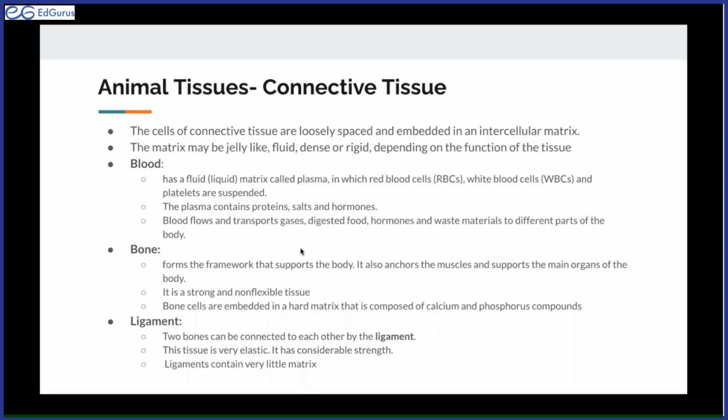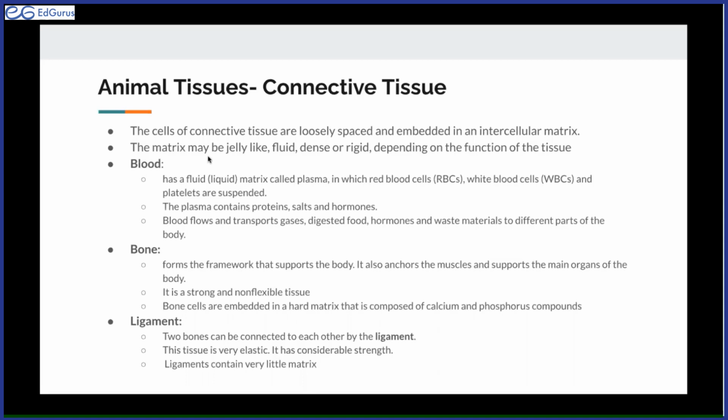Okay? So in connective tissues, these cells are loosely spaced. They are not tightly glued together. They are somewhat loosely glued together. And the glue that they are glued together in is called the intercellular matrix. Okay? So remember this, because intercellular matrix will come up a lot. It's basically the glue that holds the cells together to form the tissue.